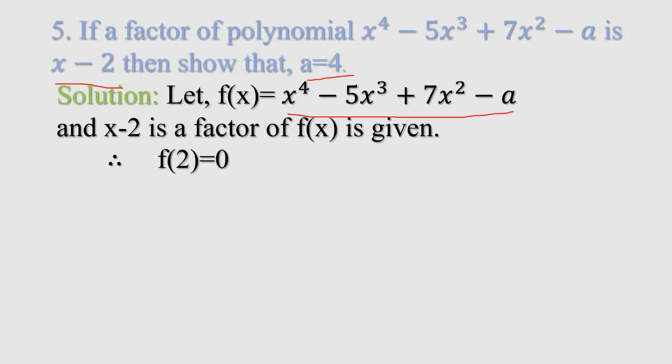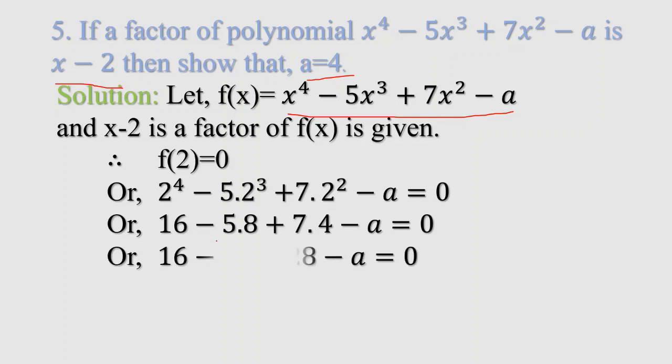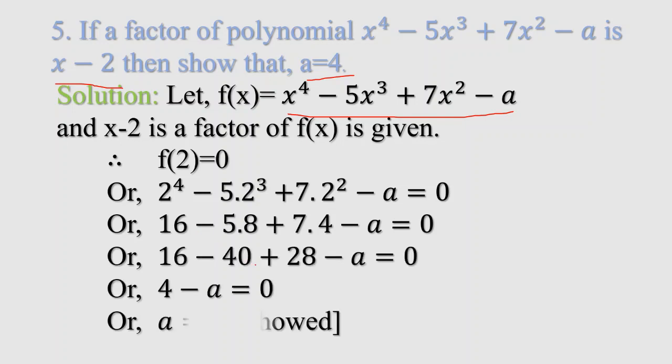Okay, so putting 2 in place of x, you get 2 to the power 4 minus 5 times 2 cube plus 7 times 2 square minus a equal to 0. Now solving this, you get a equal to 4. Clear?